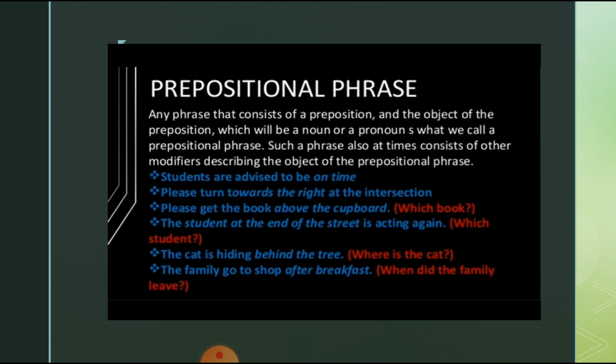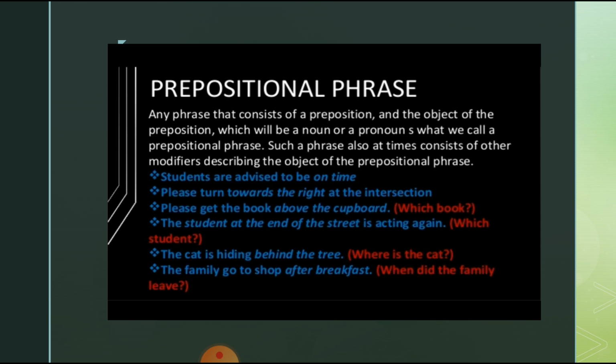Now, moving ahead is the prepositional phrase. Any phrase that consists of a preposition and the object of the preposition, which will be a noun or a pronoun, is what we call a prepositional phrase.